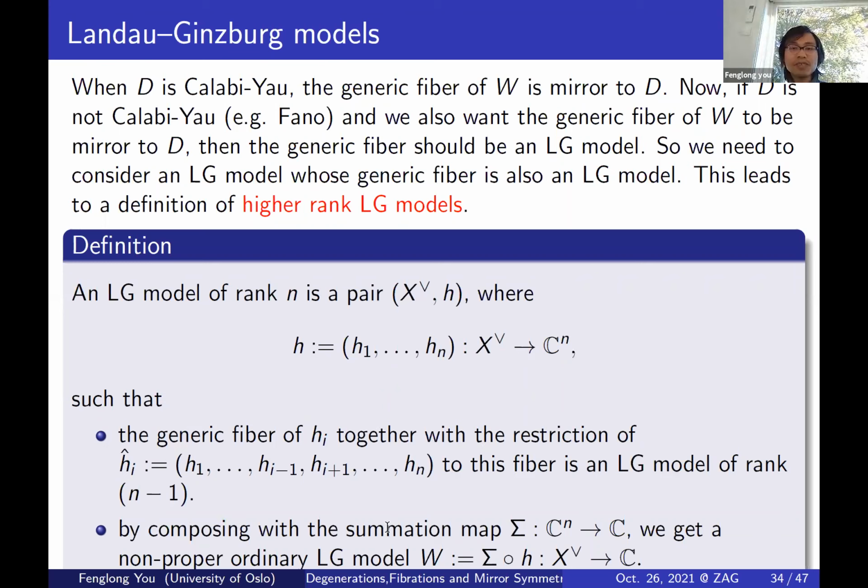So the generic fiber of the Landau-Ginzburg model of rank n is a rank n-1 Landau-Ginzburg model.